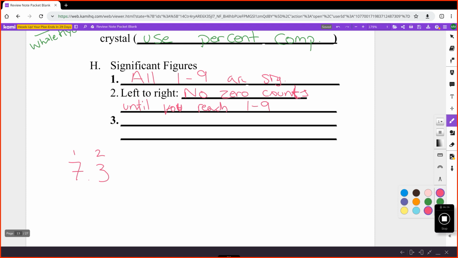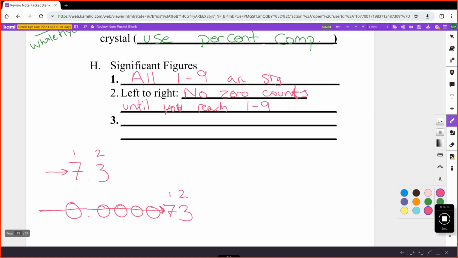But if I talk left to right, this is what I mean. I reach the number, so I start counting it. Counting this way, I don't even start counting significant figures until I reach a 1 through 9. So no zero counts at the beginning of a number. Leading zeros never count. Decimal point or not, a leading zero never counts until I reach a 1 through 9.